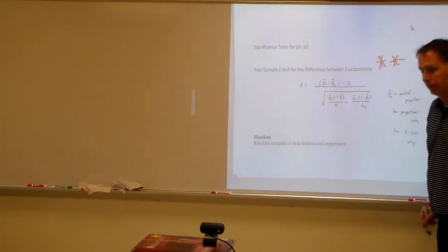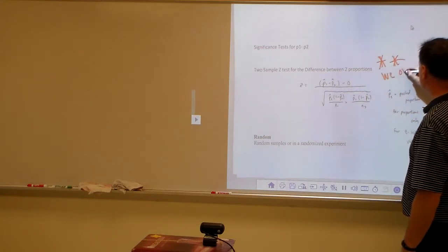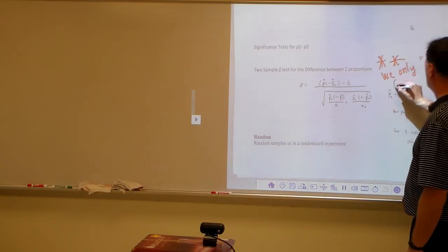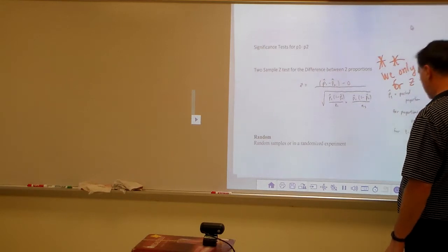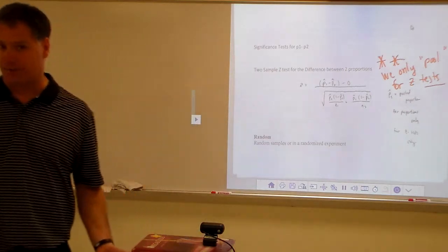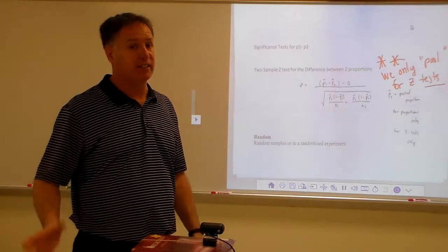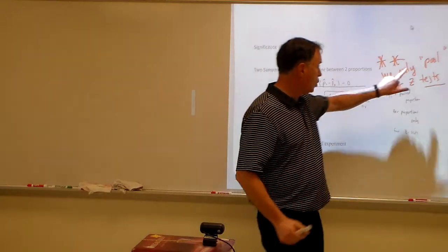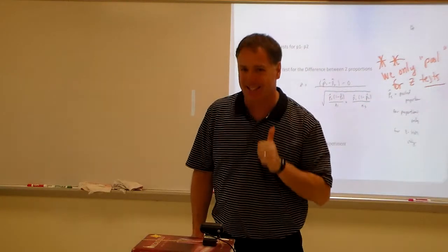We only pool for Z tests. We do not pool proportions for T. We don't have proportions when we're dealing with T. And we also don't pool for Z intervals. This is only for Z tests.